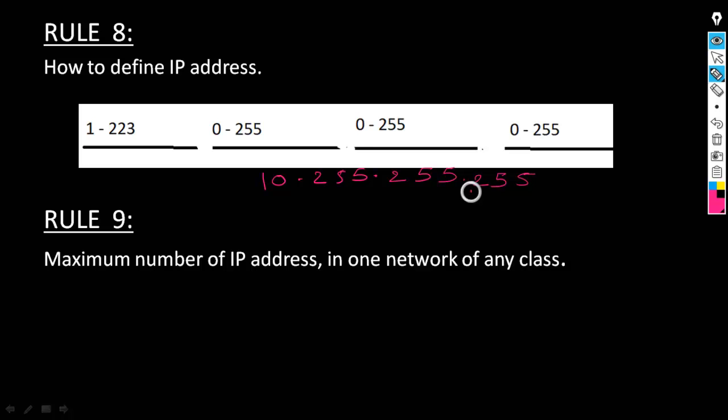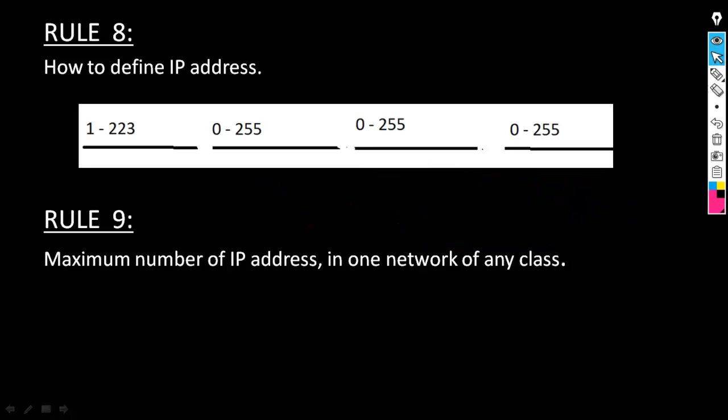Here I have used 255 in the last octet. So we cannot give this IP to the machine because this will be the last IP of this network. But if we use this other IP, then we can give this IP address to the machine because this won't be the last IP of this network.